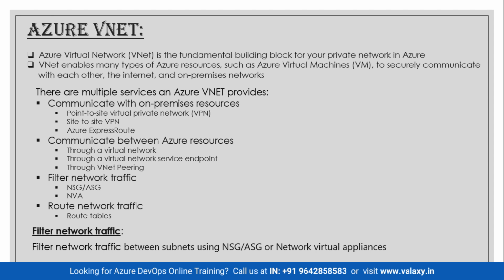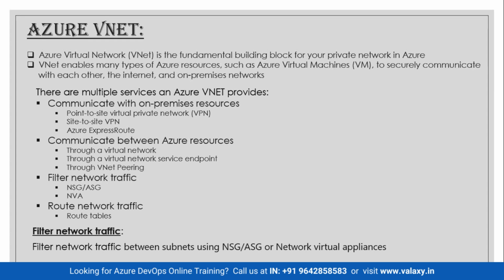You can use site-to-site VPN. There is ExpressRoute using which you can even connect from your on-prem server to cloud. You can communicate between Azure resources, so that is by default. If you have your resources within the virtual network, or not even within the virtual network, if they're in another virtual network, then too the communication can happen using Vnet peering and all.